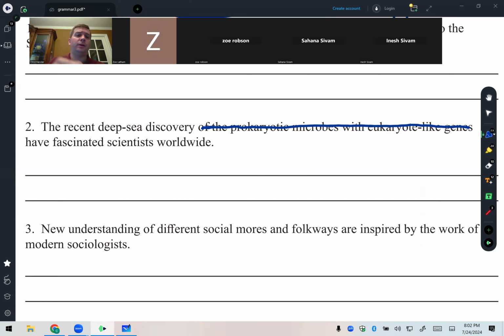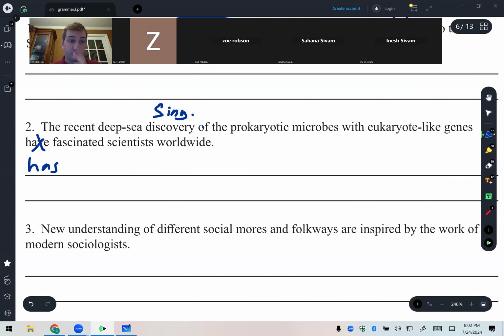Well, that sounds weird. If my subject is singular, why do I have a plural verb form? All right, that sounds better. The recent deep sea discovery has fascinated scientists worldwide. Now that I'm happy with it, let's add the prepositional phrase back. The recent deep sea discovery of the prokaryotic microbes with eukaryote-like genes has fascinated scientists worldwide.